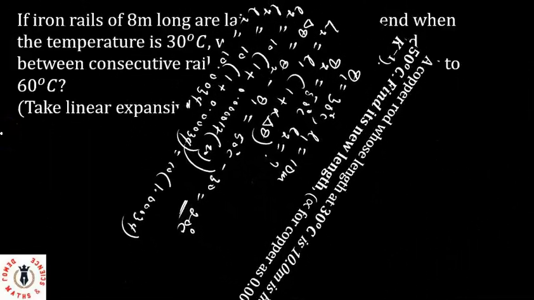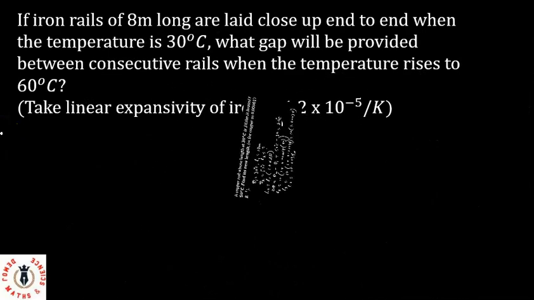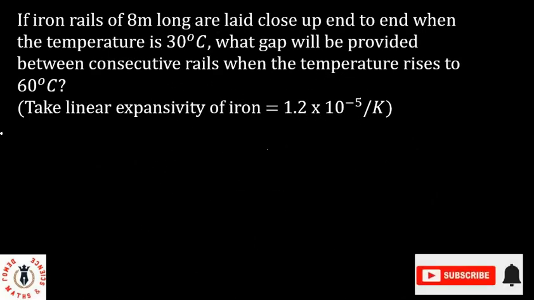Now let's see our second example. My second question says that if iron rails of 8 meters long are laid close up end to end, the temperature is 30 degrees Celsius. That is, the initial length L1 equals 8 meters and the initial temperature θ1 equals 30 degrees Celsius.